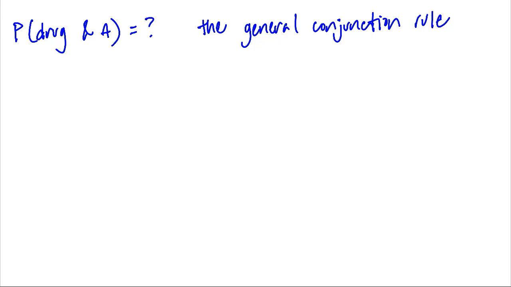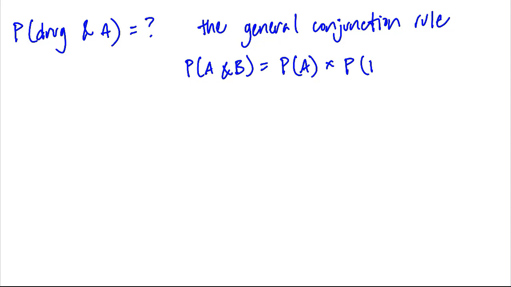And if we look in section 6.2, then we see that the rule is: probability of A and B is probability of A times the probability of B given A. Okay, so this is, of course, a conditional probability, which is defined on page 154. You should read that, and I'll explain how to get it for this particular case. But the main thing I want to do here is just get through this rule.